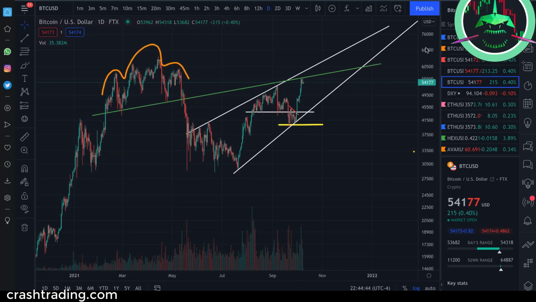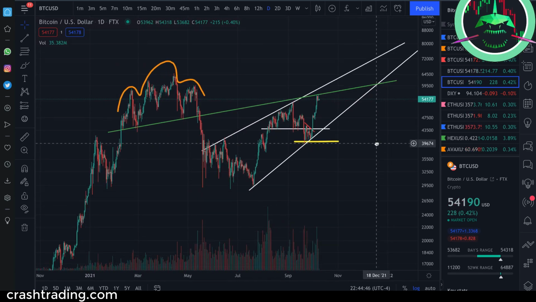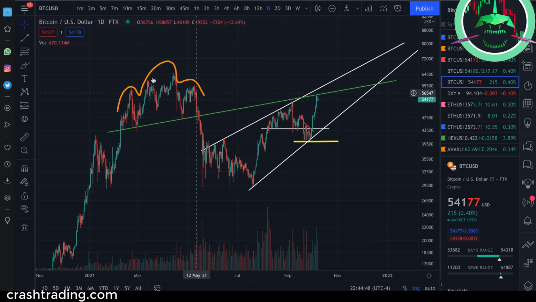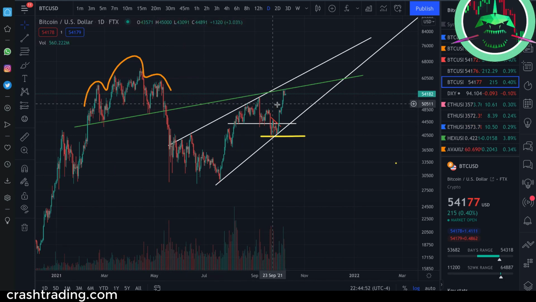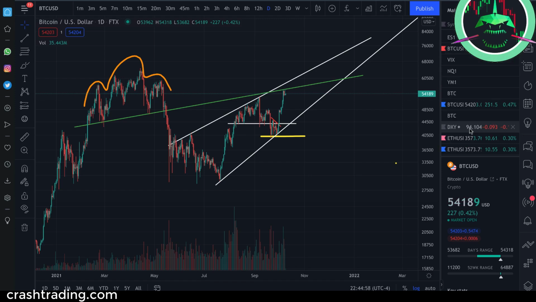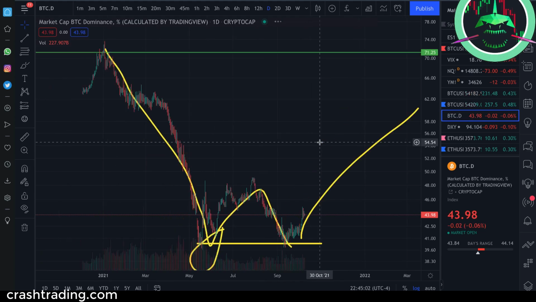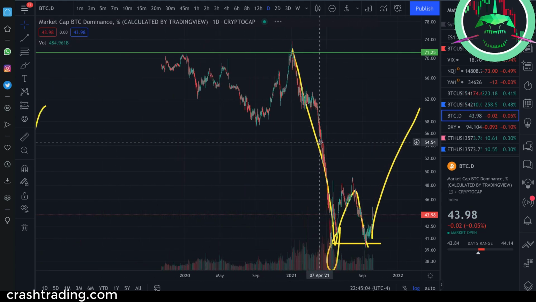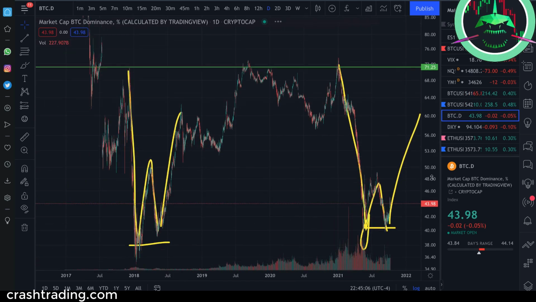What I'm really looking for right now to be bullish out of my mind is, one, I want to see us get above the neckline, and two, I want to see Bitcoin dominance actually break the all-time lows, because you have to understand where Bitcoin dominance stands right now. There are two things that are going to play out.